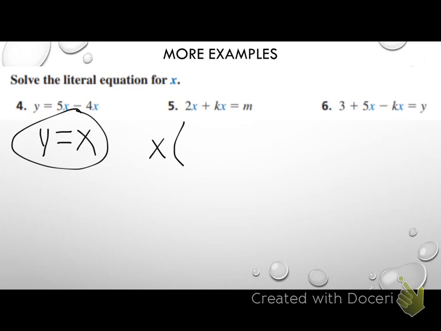Still thinking reverse distributive property here. If I were to redistribute, x times what would give me 2x? 2. X times what would give me kx? k. So I get 2 plus k in parentheses equals m over here. Am I moving too fast for anybody? Slow down if I need to. Now, how would I get x by itself?